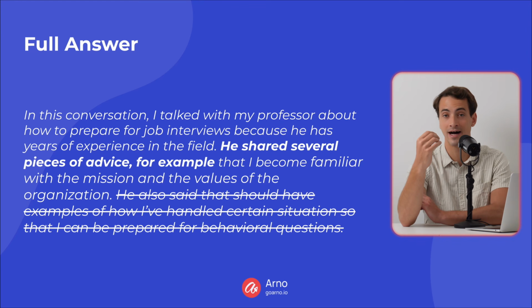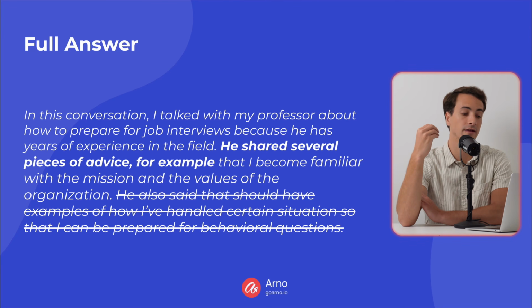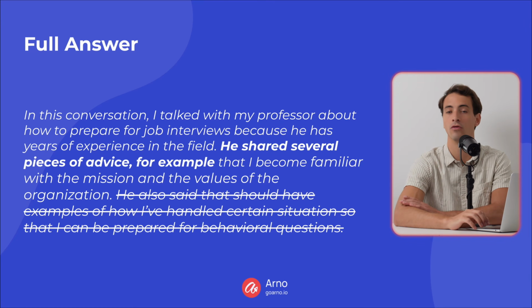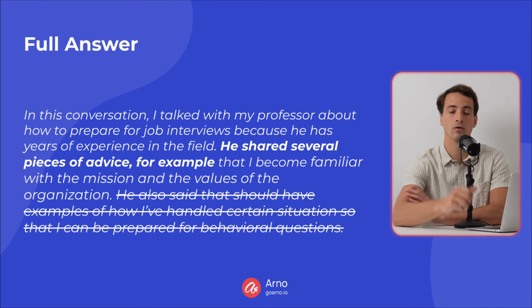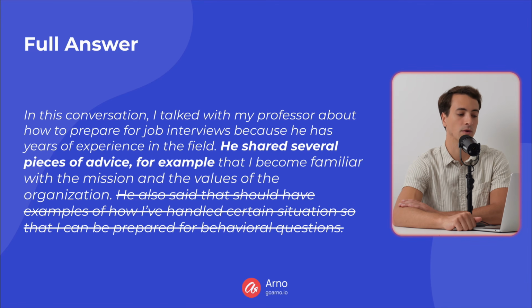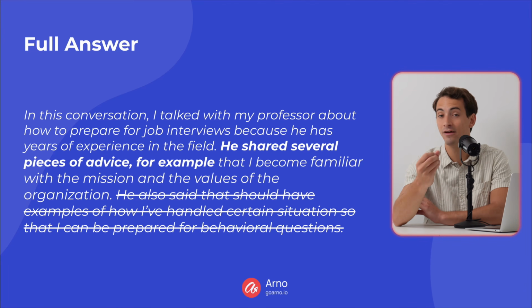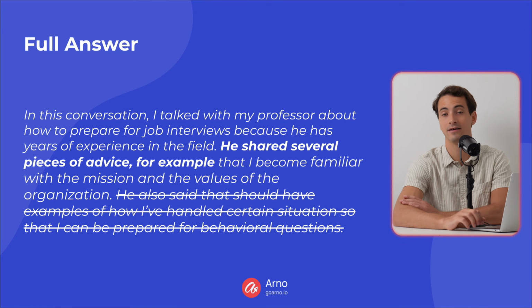Then, if you have time, you should mention specific pieces of information that are revealed during the conversation and add details around those pieces of new information. So, for example, right, why your professor made a certain recommendation, right? That would be an important detail that you could include if you can type and write fast enough.